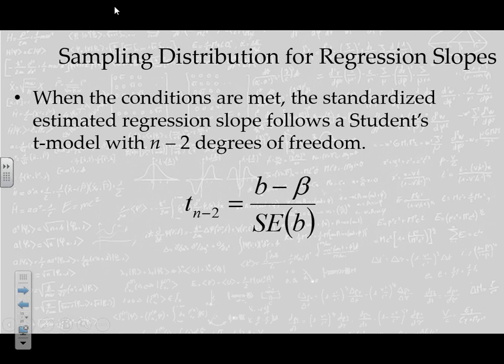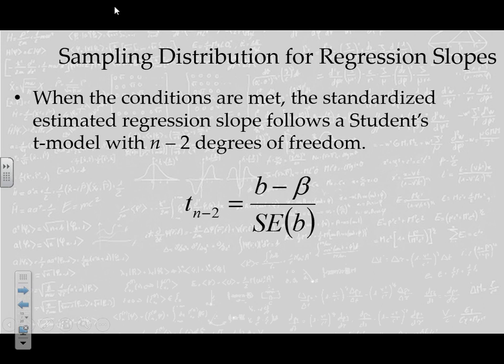Regression slopes. If you think about how we set up the problem, it was mu sub y, the mean of the y's. Since that's a mean problem, we have to go back to that t-distribution. Now the other thing to note here, since we are working with 2 variables at once: initially when we did the t-distribution for the mean of a sample, there was only one variable in question.